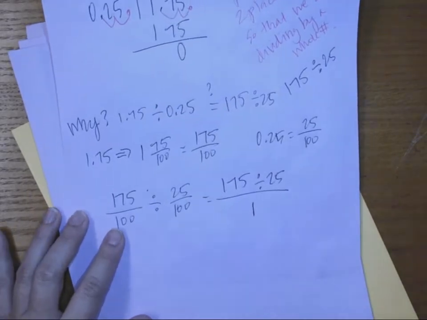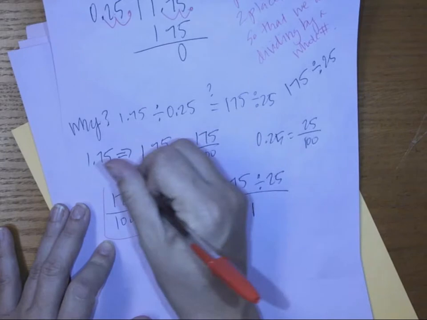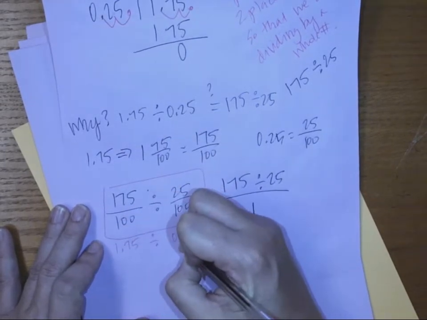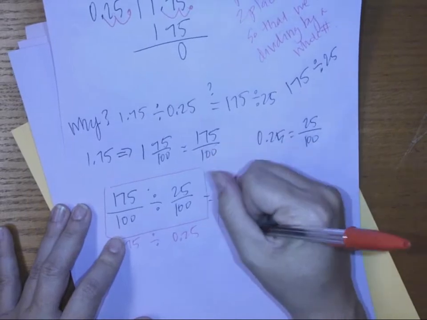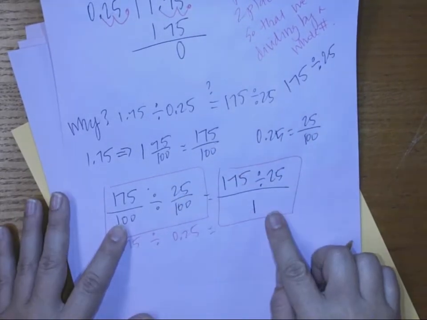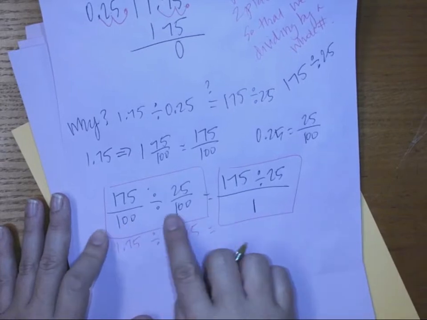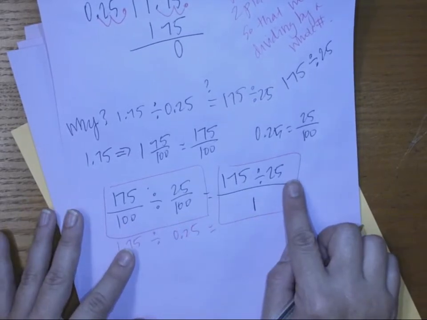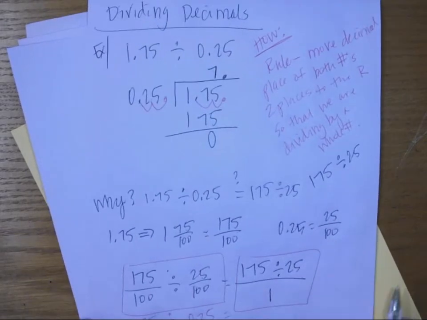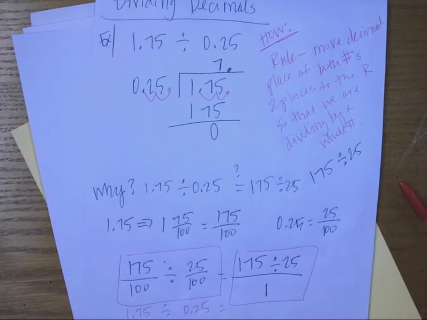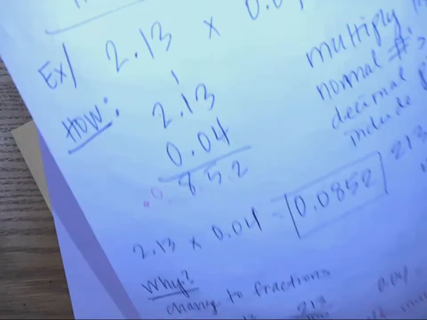So 1.75 divided by 0.25 turned out to be just 175 divided by 25, because when I divide the denominators, I just get 1 on the bottom. So they're actually equal statements. I hope that helps remind you of the algorithm for multiplying and dividing decimals, and also helps you understand why I can do that.